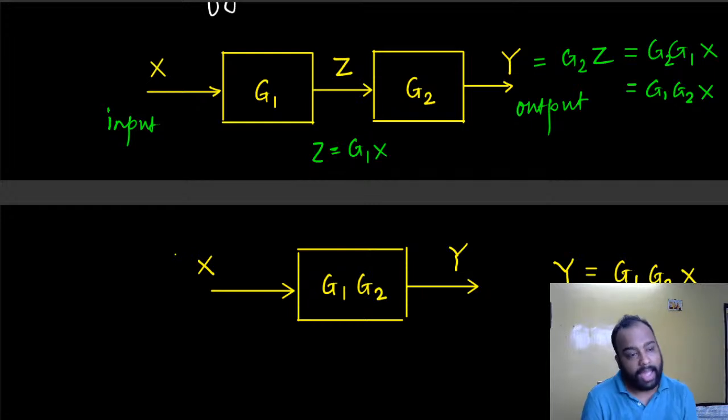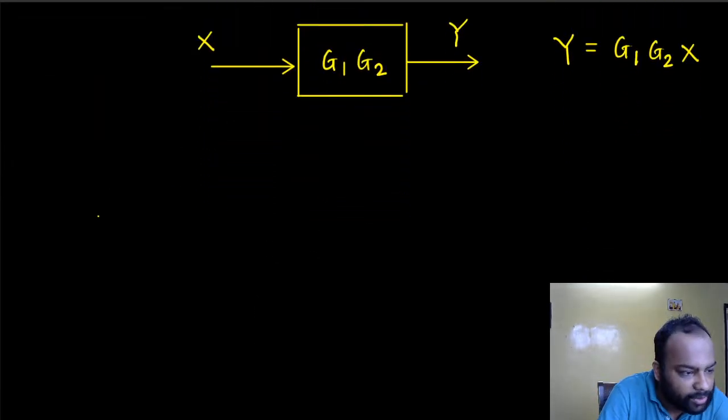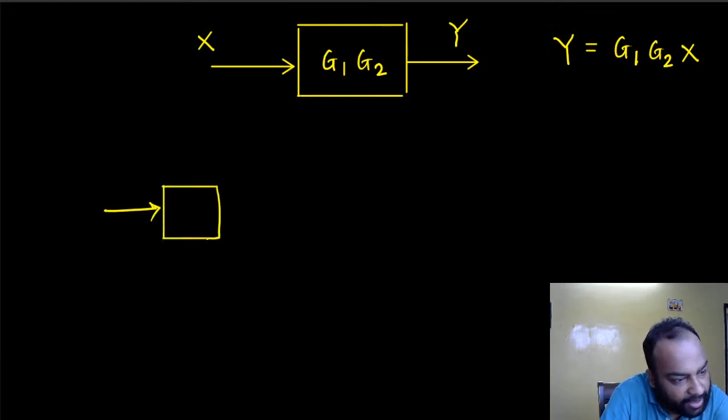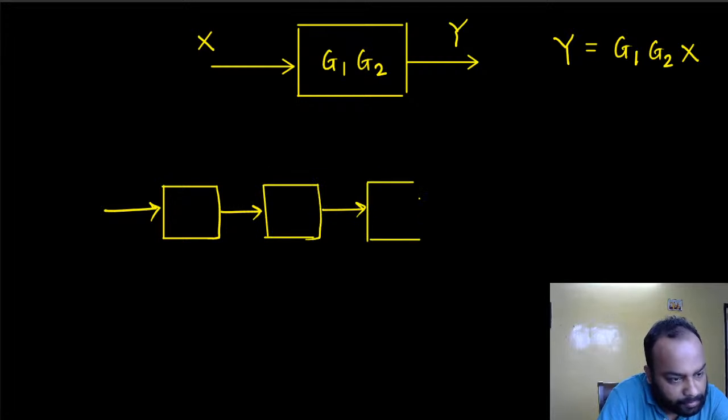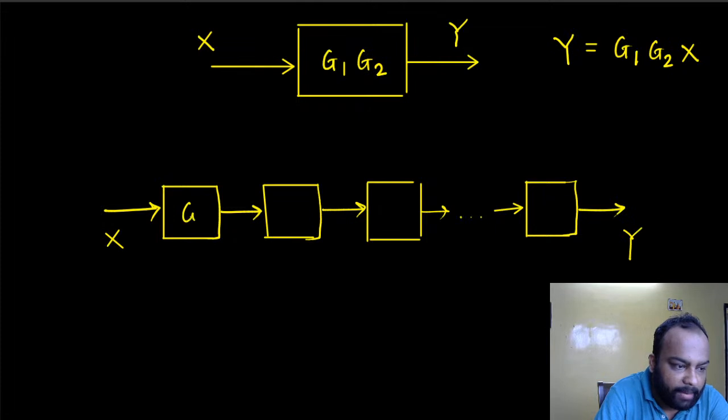All right. And of course, by this, you can have a simple corollary that tells you something like this, that if I have a cascade configuration with many systems, like something like this, so now I have n number of systems where the input is once again X and the output is once again Y, but the transfer functions are G1, G2, G3 up to Gn.